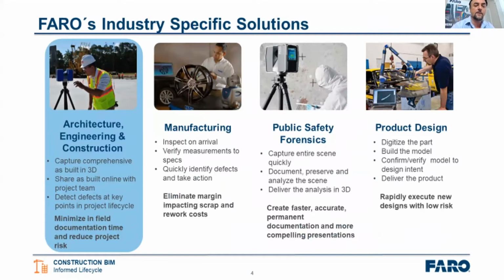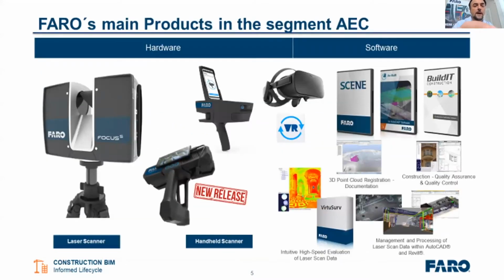But in today's webinar, our focus is on FARO's 3D laser scanning solutions for the IC market and BIM construction. FARO provides for the IC market hardware and software for a seamless workflow which closes the gap between real objects and their digital representation in both directions. How does this work? Let's take a look at FARO's main product range in the field of IC.